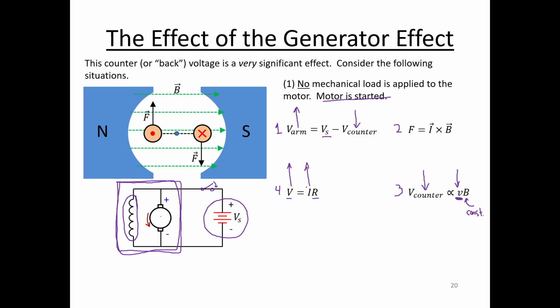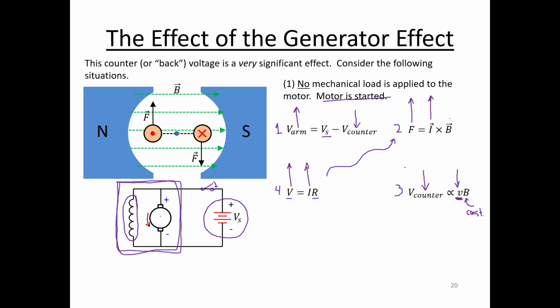So current being high, if we come over here to equation 2, well, if current is high, and remember B is just constant, then the force and thus the torque on the rotor is also going to be high.